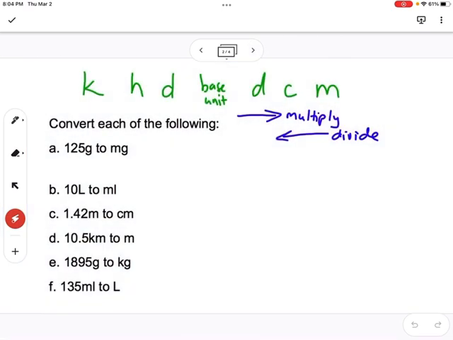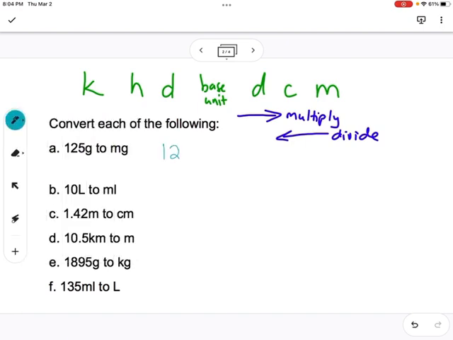Okay, so we want to convert the following. We have 125 grams, and we want to make that into milligrams. So grams is a base unit. Milligram is the one over here. We are going 1, 2, 3 over. So that means we're going to move our decimal point 3 over.